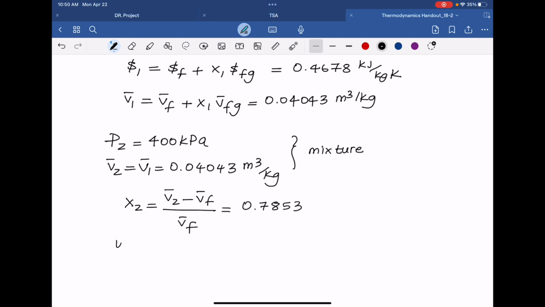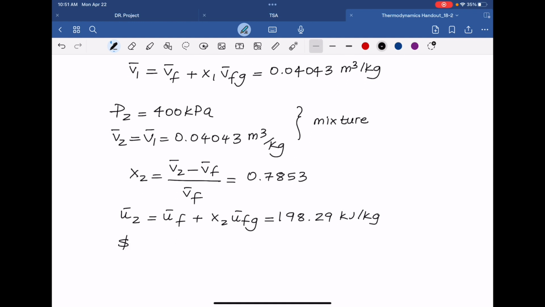Now we can calculate U2 from Uf plus x2 Ufg, and same way you calculate the rest.